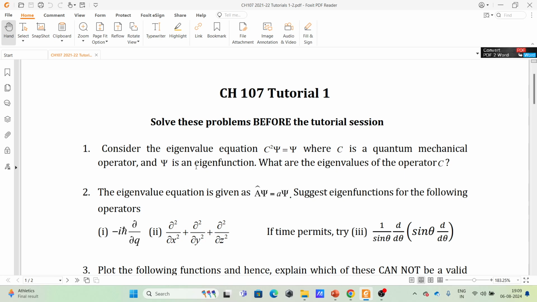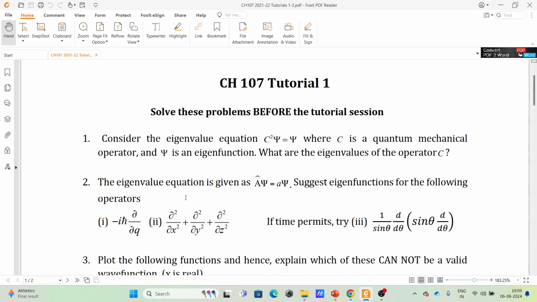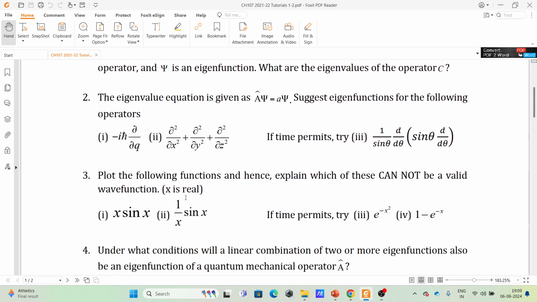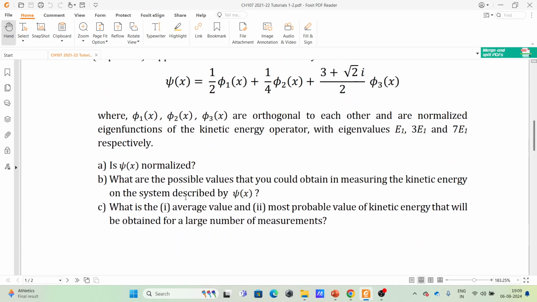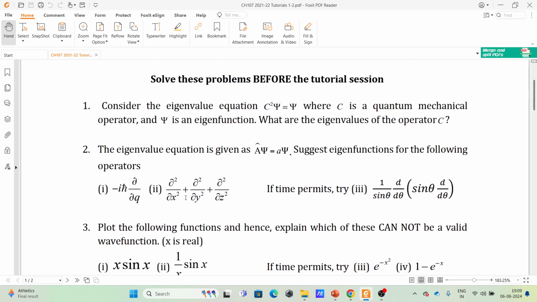This is part of those tutorial problems, and I'm taking permission from Professor Ananda Datta so that I can discuss this problem with you. All the credit goes to the faculty members of our department. I will try to solve this after those problems, and if we can't solve it, then this will be your homework too. I will share this tutorial with you. So let us begin.